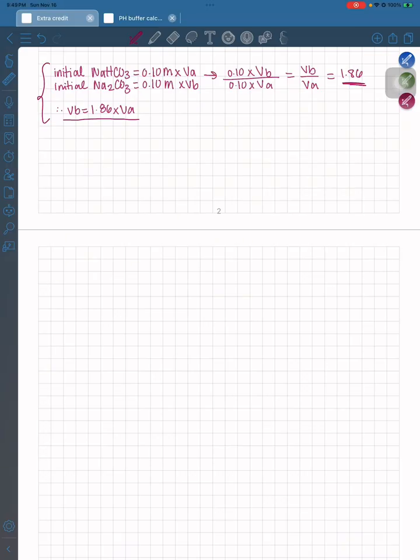Now we need to solve for the volumes, and we can do this by using substitution. So we have our volume of acid plus our volume of base is equal to 60 milliliters. This is just a value that I chose, so whatever value you end up going with, feel free to replace it.